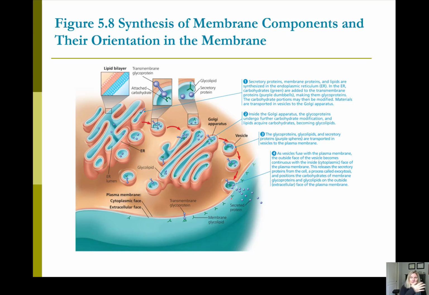And then every time something comes into the cell through endocytosis, the opposite occurs, because the plasma membrane will pinch off around that product to form a transport vesicle. So a little piece of that plasma membrane becomes that transport vesicle. So we can see how we get more plasma membrane with the secretion of things out of the cell.